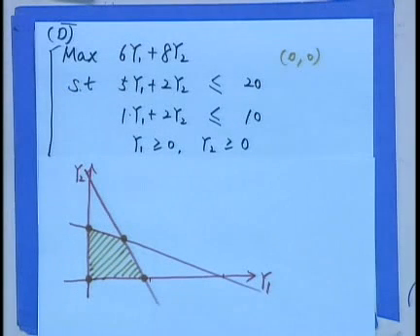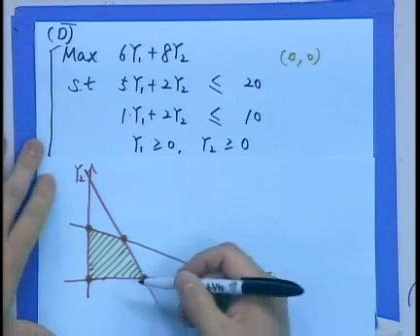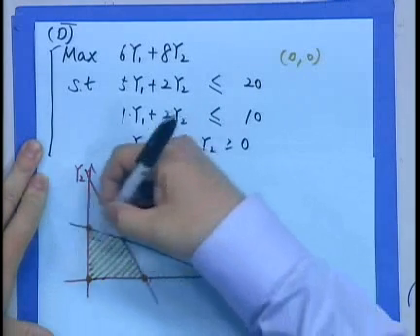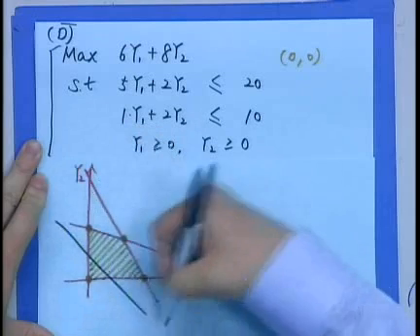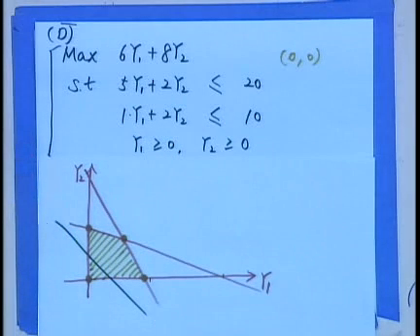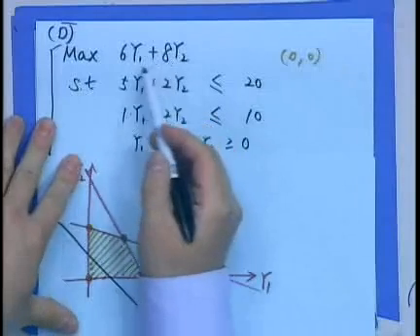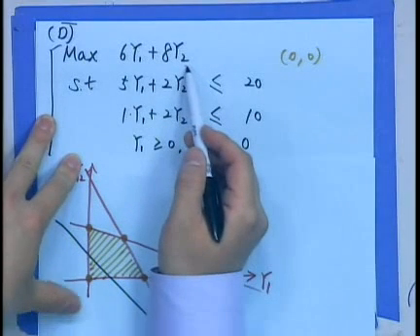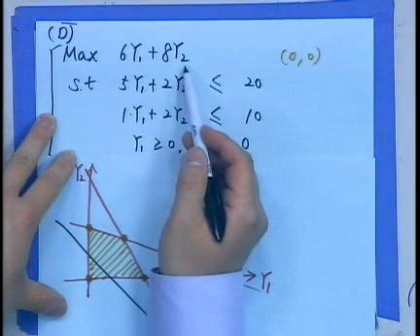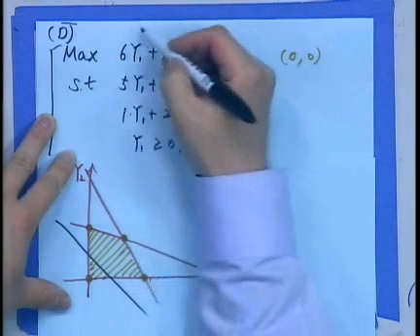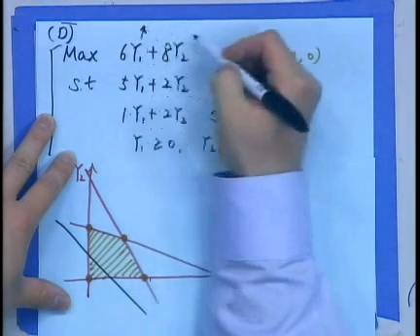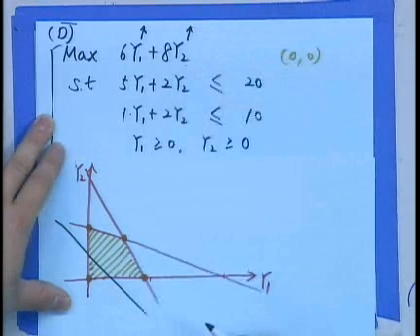And in that case, the isovalue line would be something like this, okay? And in this problem, the objective function value will be improved if we increase both y1 and y2 values, right?